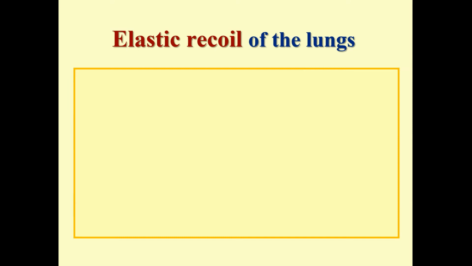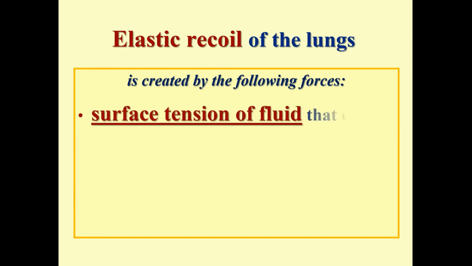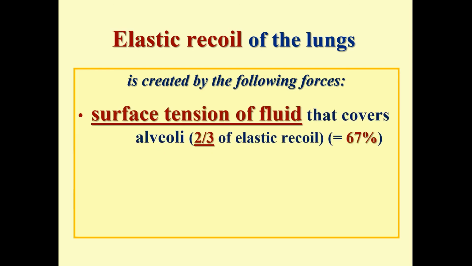Surprisingly, the first place is not taken by the elastic fibers in the lung tissue, such as collagen and elastin. First place is occupied by a very small force, as we consider in physics, the surface tension of fluid that covers each alveolar surface.